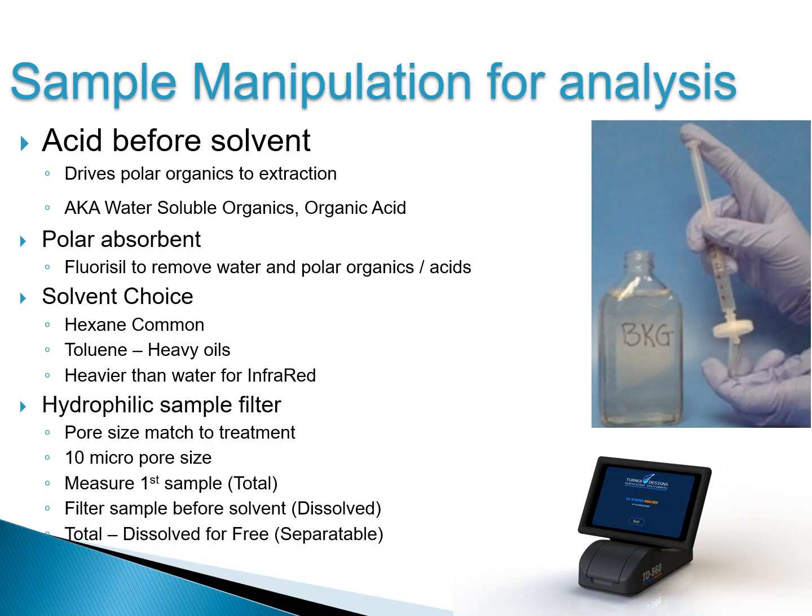Adding of acids, using a polar absorbent, using a different solvent, or using a certain filtration will affect what the analysis is. So most government regulatory laboratory methods use an acid in the water to allow the hexane to extract any of the organic acids that are present in that water.